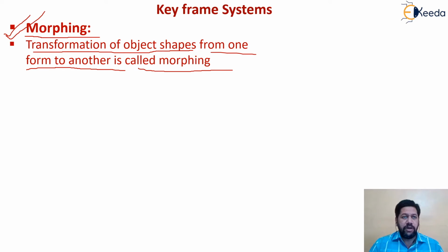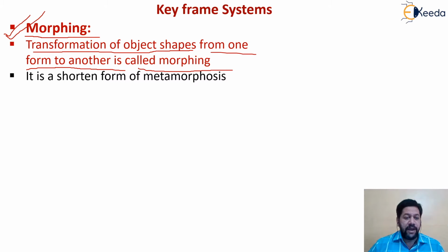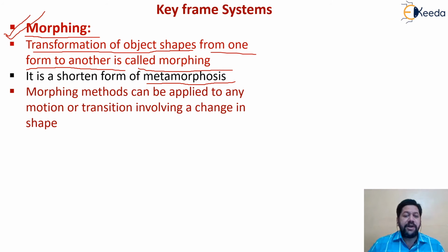It should not be disturbing to the user; the transformation should be very smooth, and that technique we call morphing. Morphing is the shortened form of metamorphosis. I think the word morphing came from metamorphosis.